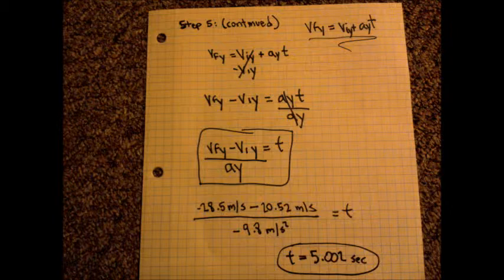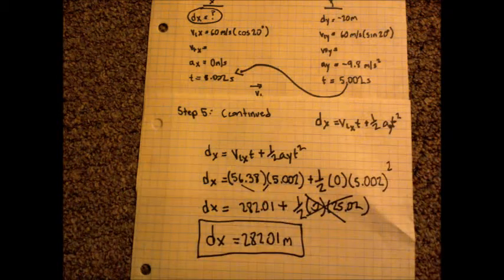So it's negative 28.5 minus 20.52 over negative 9.8, and that gives you t equals 5.002 seconds, or you could just leave it at 5 if you want. Now that you know t equals 5.002 for the y section, you also know it for the x section, since their times are both the same.